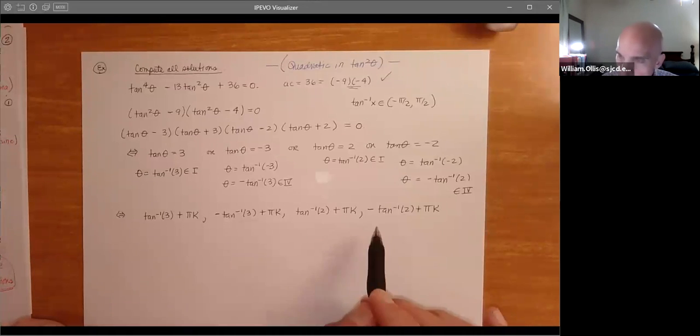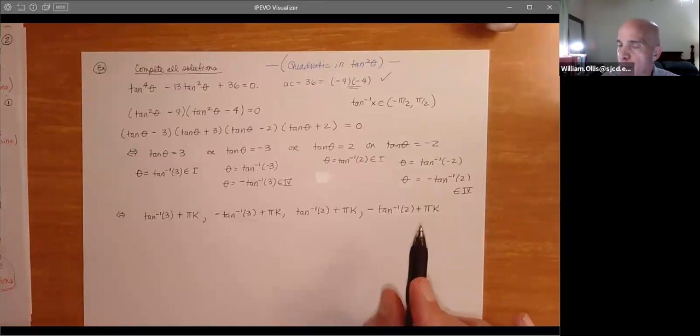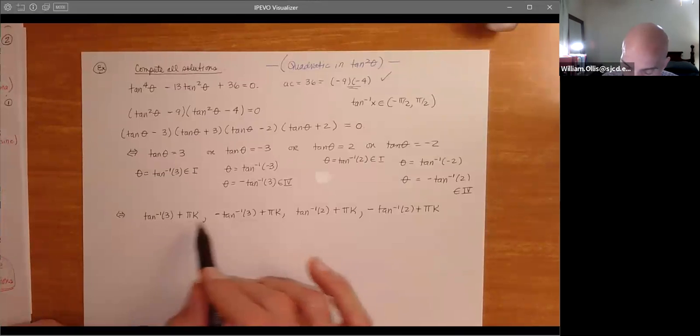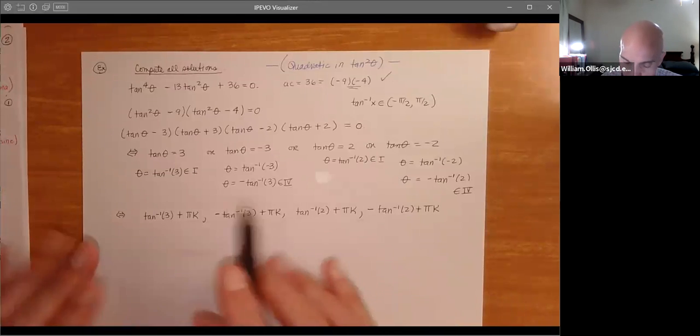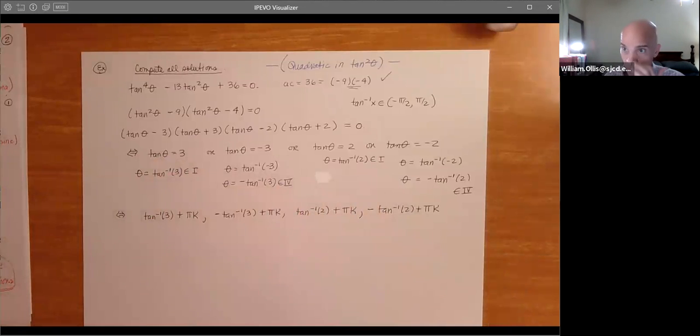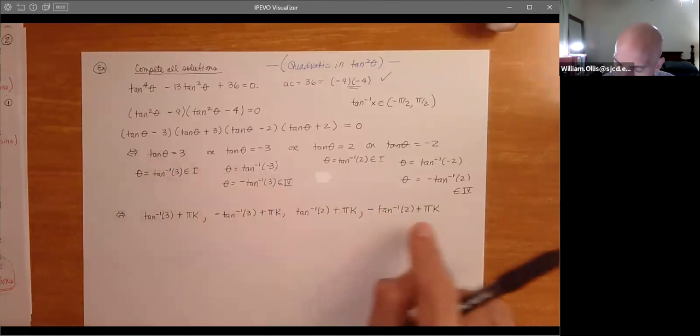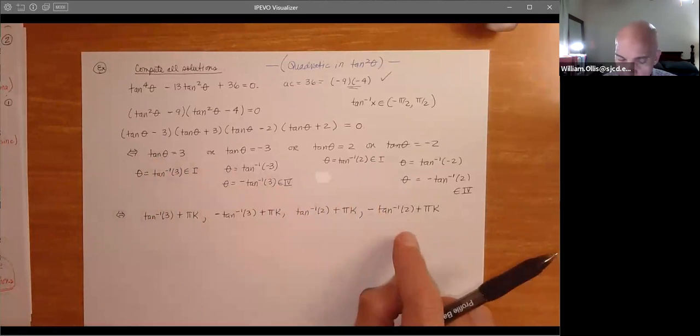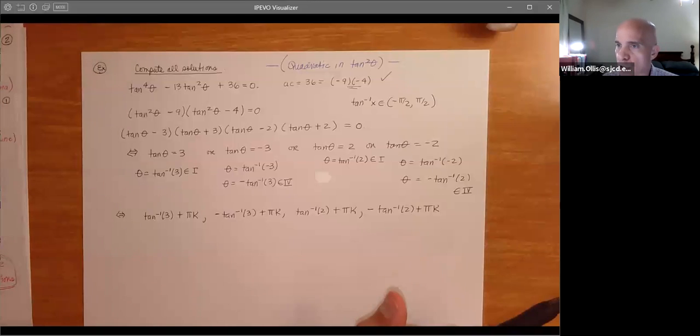If you need approximations, you can do that if the problem requests it. Otherwise, these are all the solutions in exact form, and you could think of putting these in curly braces with the union symbols if you like. But this gives you all the infinitely many solutions that solve this equation.